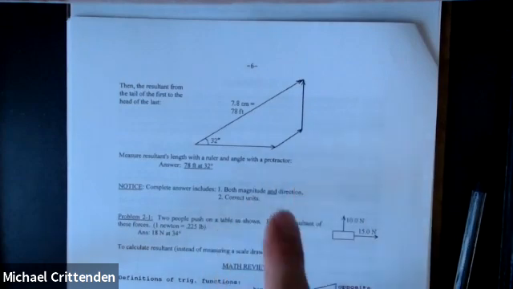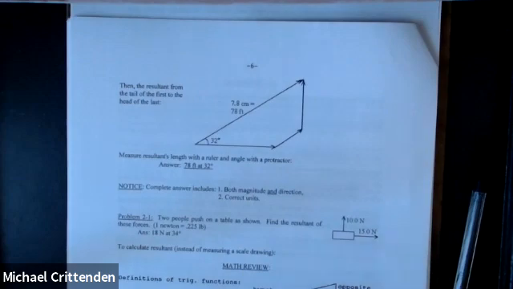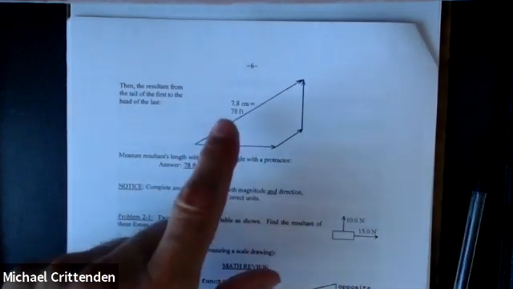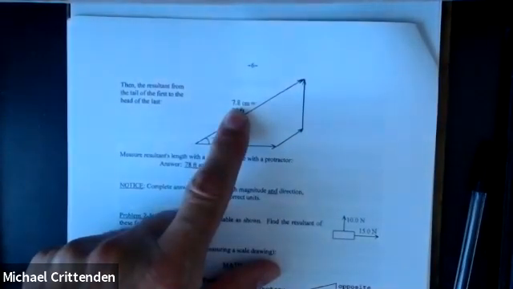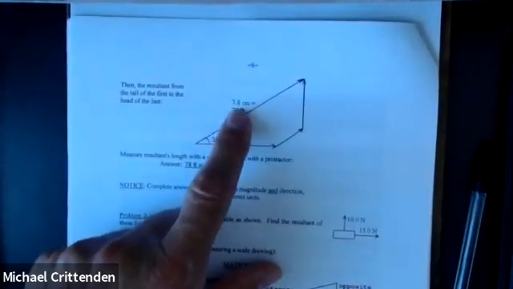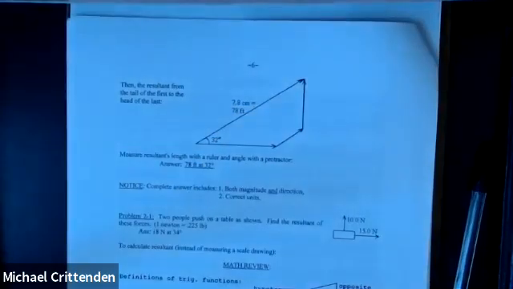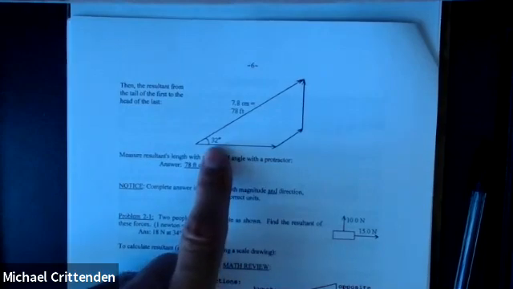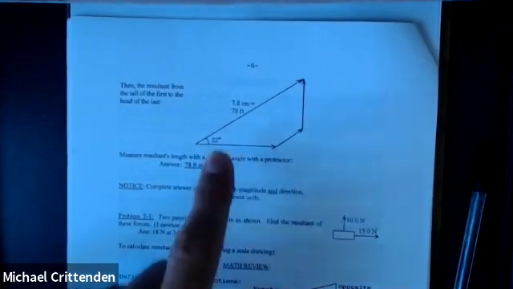But if you are fairly close, I'll give you full credit. Like if this was a question on a quiz and instead of 7.8, it came out maybe 7.7 at, I don't know, 34 degrees.